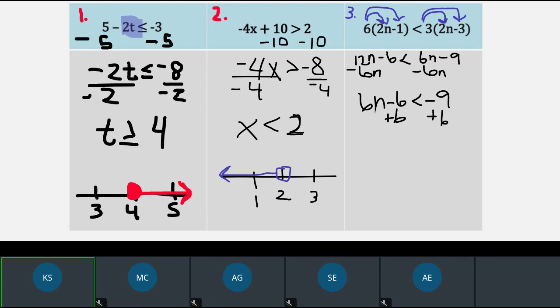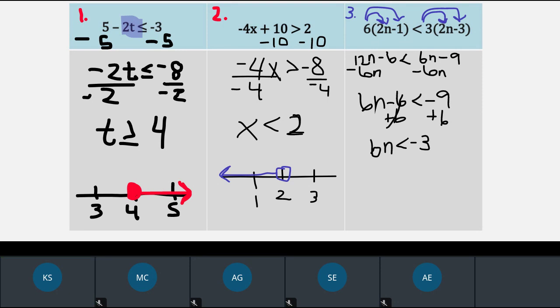So I want to undo that minus 6. I want to go ahead and add 6 so that that cancels out to be 0. So I'll get 6n is less than negative 3.